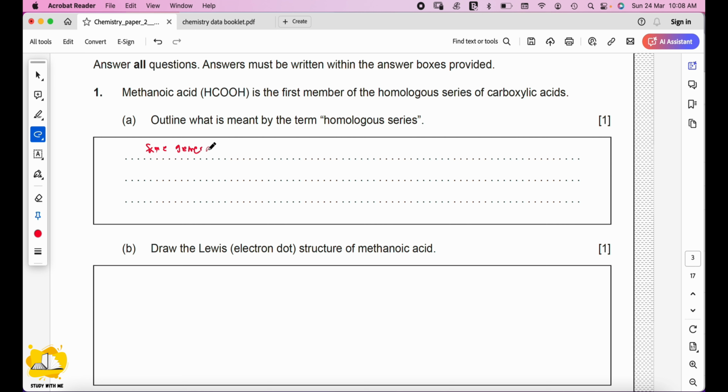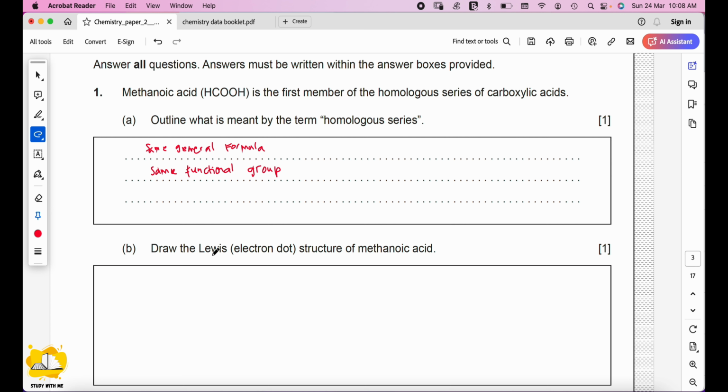You can answer one of these two because it's only 1 mark.